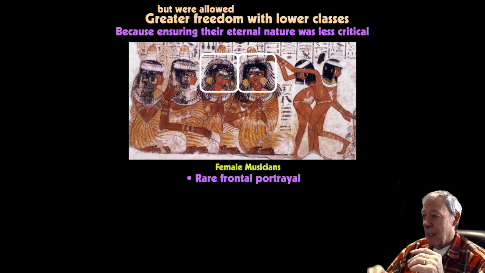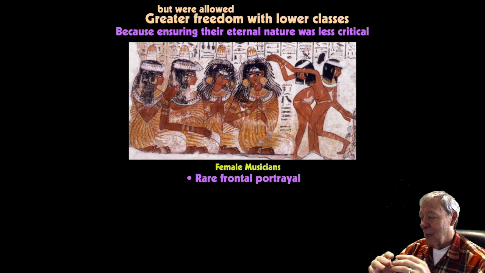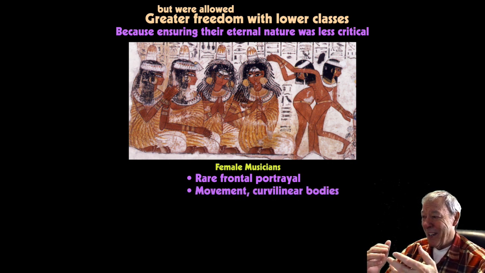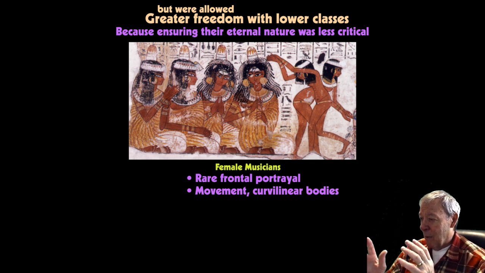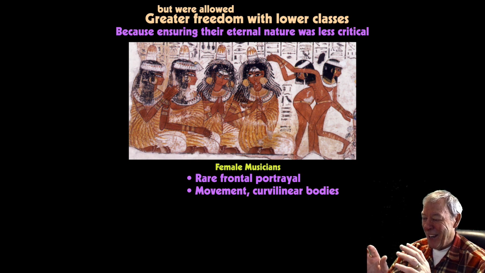The other thing is the slave girls. Notice these 2 young girls in the nude on the right-hand side of the image. There's nothing stiff and static about those young ladies. They are engaged in a very sinuous dance with the bodies curving and twisting and bending. You'll never see that with a pharaoh and his wife or any other nobleman, right?